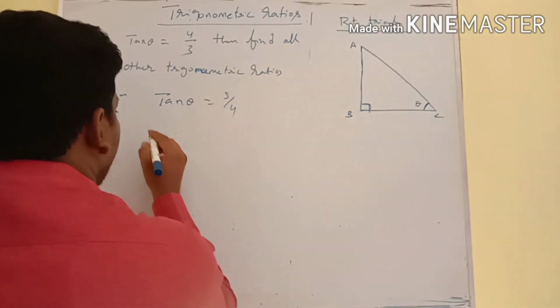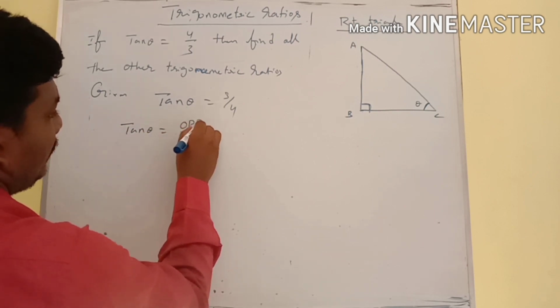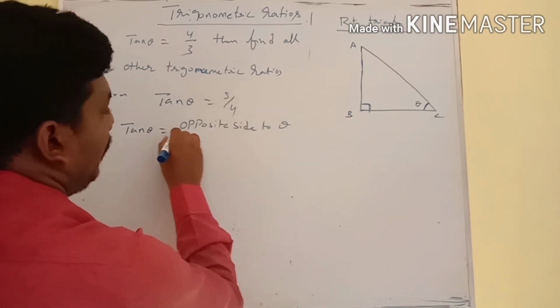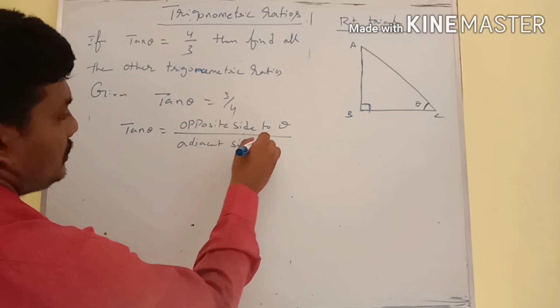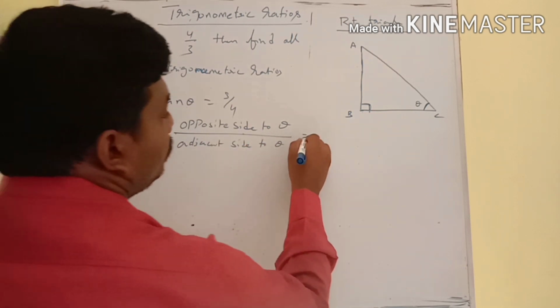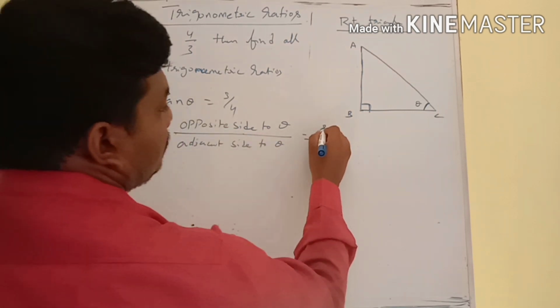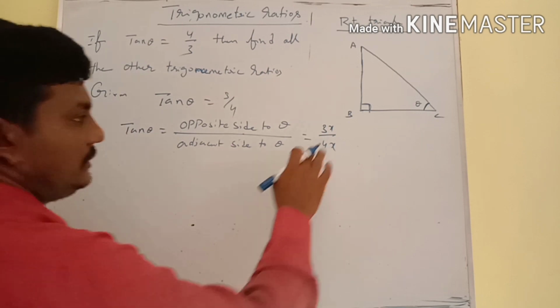What is tan theta? Tan theta is opposite side to theta by adjacent side to theta. The opposite side can be taken as 3x and the adjacent side as 4x, since the ratio is 3 by 4.